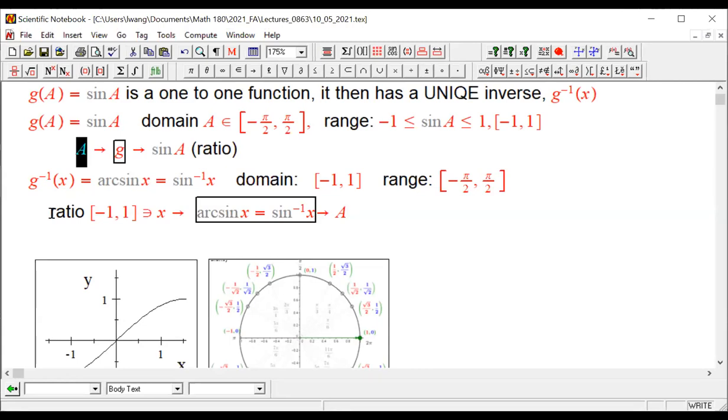Its inverse input is ratio, output is an angle. And where does that angle belong? That angle has to be between negative pi over 2 to positive pi over 2. Okay, so let's see how that new function is created and how the curve is being created.